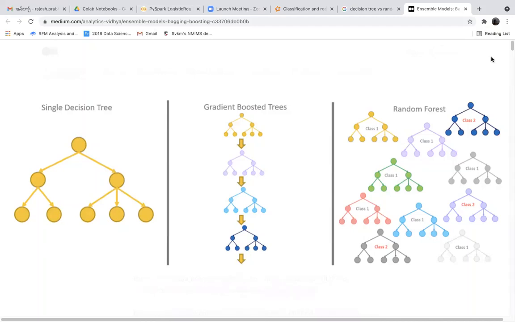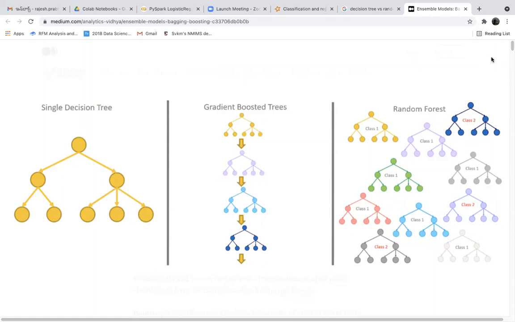Until tree 1 is completed, you can't build tree 2, and until tree 2 is built, you can't build tree 3. In a single decision tree, you'll get one tree as the output. So this is the broad difference between a decision tree, gradient boosting tree, and random forest.